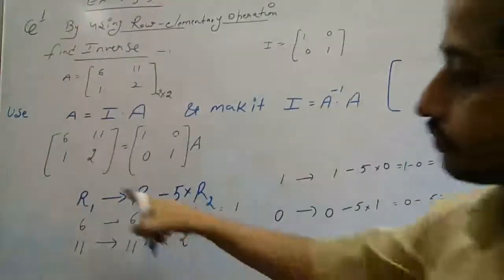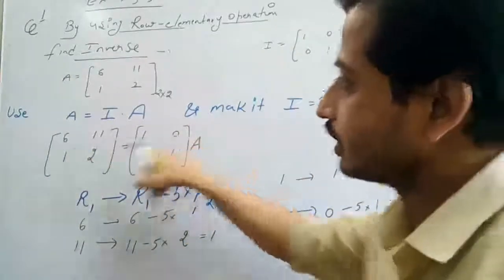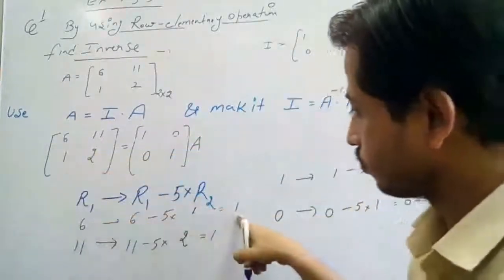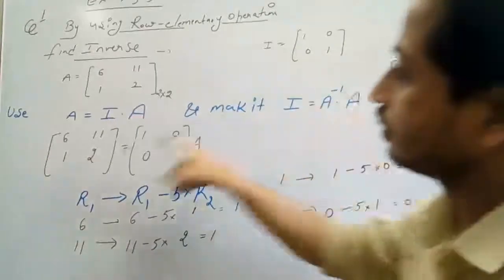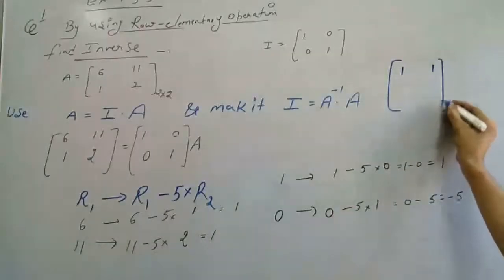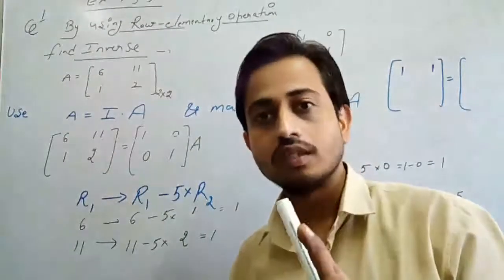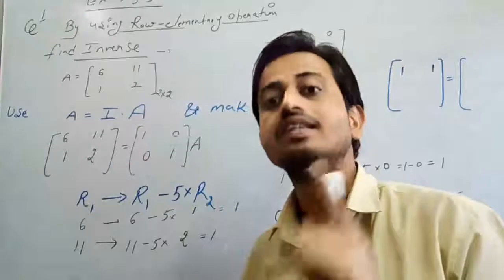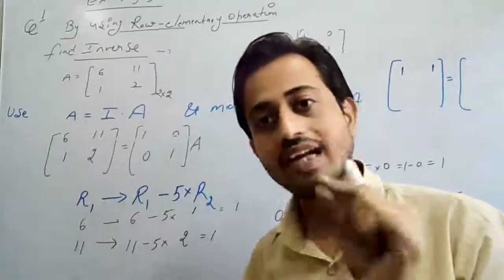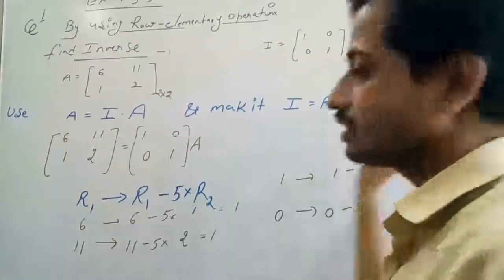We get our first row, this is our old row, and we have to change it. 6 is replaced by 1, 11 is replaced by 1. Because we are changing only our first row, we don't have to change our second row. We write 1 and 2 as it is.